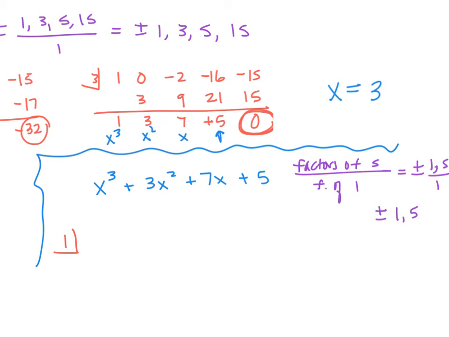Our coefficients of our polynomial are 1, 3, 7, and 5. Alright, so we add down, multiply, add down, multiply, add down, multiply, add down. We got a remainder. So let's move on to 5.